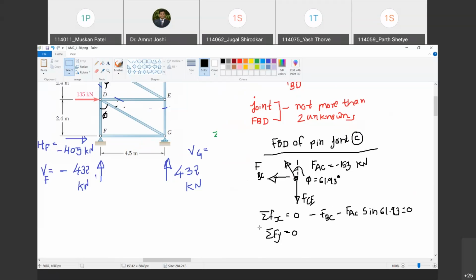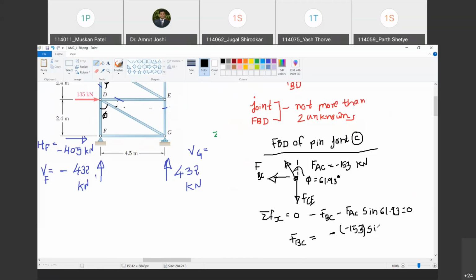This has to be equal to 0. Happy? Yes, sir. So now FBC goes on the other side and becomes positive. So you have FBC is equal to this minus sign as it is. But FAC itself has a minus sign, minus 153. Do you agree? Yes, sir.